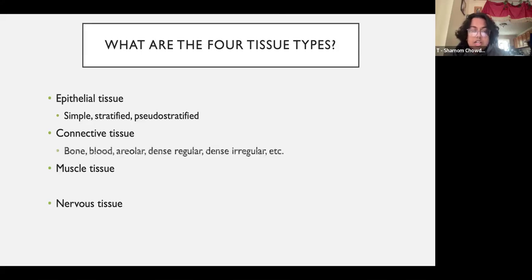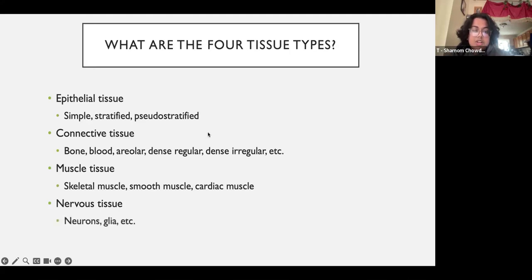There's also connective tissue, which is primarily found in our bones, blood, and areolas. There are also two other types of connective tissues, which are dense regular and dense irregular, and more. Our muscle tissues are skeletal muscle, smooth muscle, as well as cardiac muscle. And lastly, we have our nervous tissue, which makes up our neurons, glia, etc.